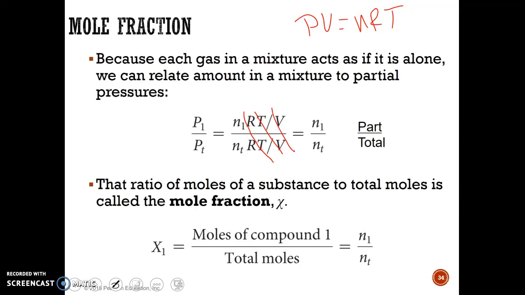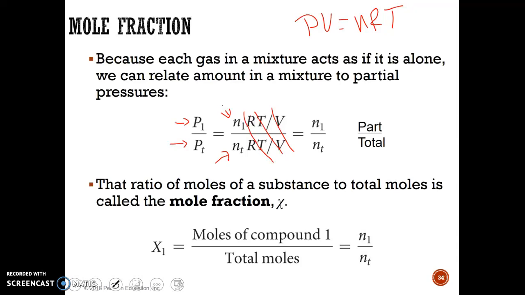So what you're left with is the pressure of a gas over the total pressure inside of a container, and that is proportional and equal to the ratio between the moles of the gas and the total moles. We give this fraction a name.